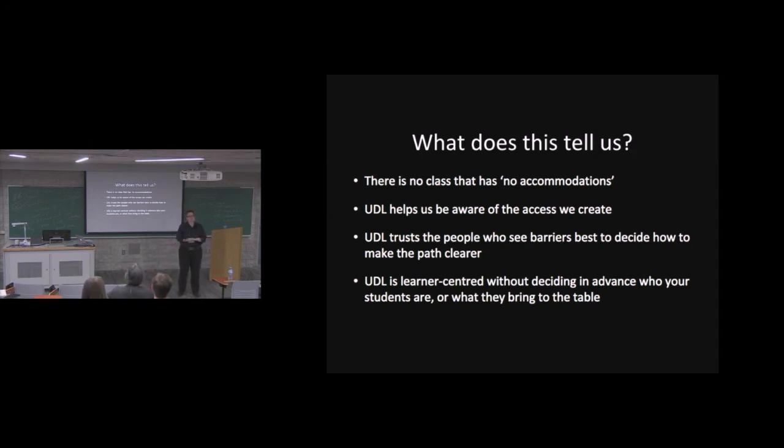So one of the things, I had a professor when I was in undergrad who looked at me one day when I told him something about what was going on in my life that was affecting my performance in school. And he said, Ailsa, you've made me realize how much I usually only see my students through a fog. Thank you for stepping out of the fog so I can see where you're coming from, right? And that's really stayed with me as a teacher over the years. The fact that we don't know what our students' priorities are, what their experiences are, what they're bringing to the table, right?